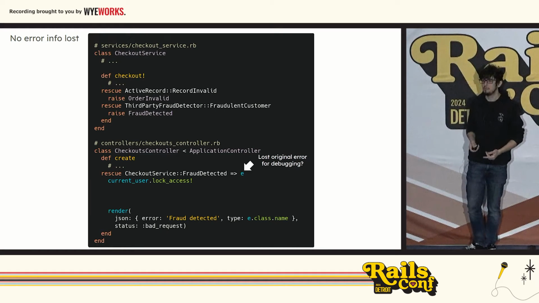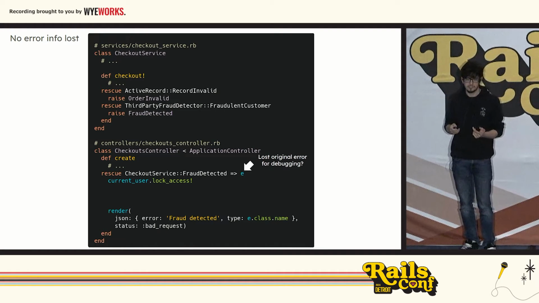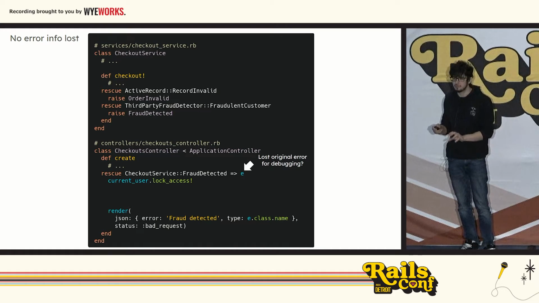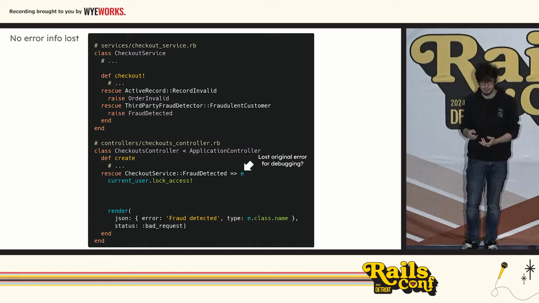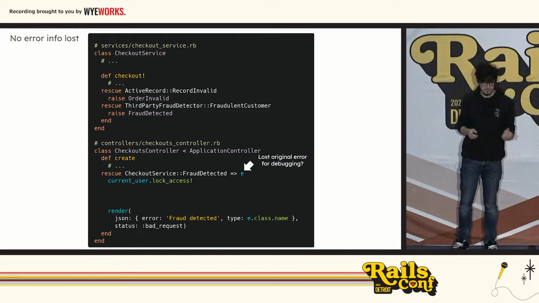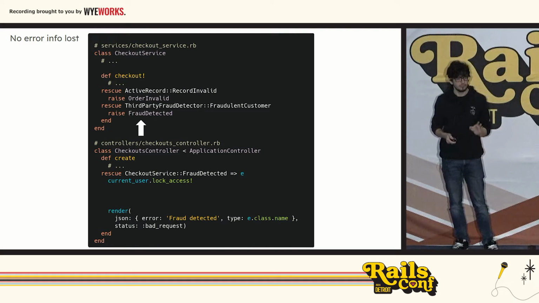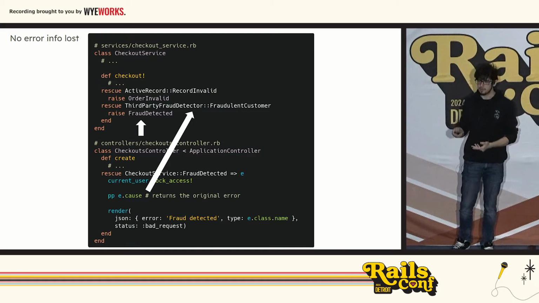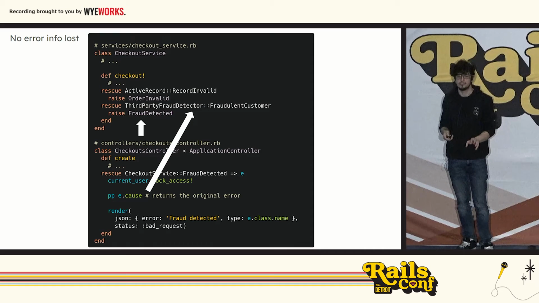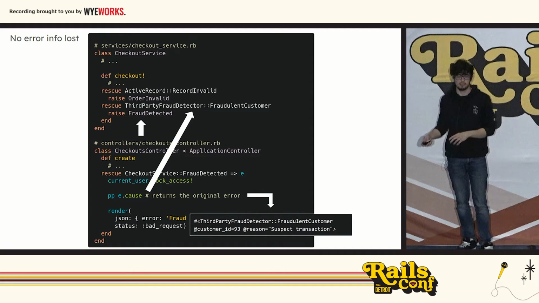And maybe at this point you're thinking, wait, fraud detection is a very important thing. I can't afford to lose information about that error. I need to log it somewhere. I need to do something regarding this. So the thing is that due to the fact that you're raising inside a rescue block, Ruby will automatically fill the error cause method in that error that you just raised, pointing to the original error that you had before.